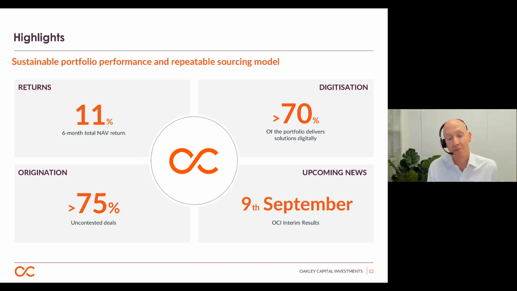By its nature, you've got a lot more founder-owned entrepreneur businesses in the lower mid-market, so there's a rich vein of opportunities for us, which we continue to participate in.